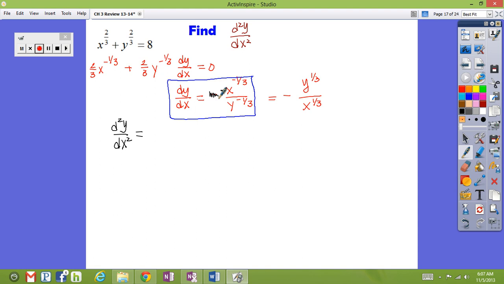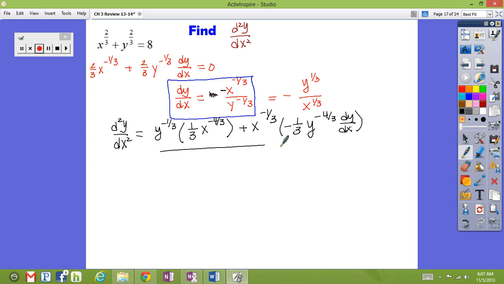So, d of y will give me positive 1/3 x to the negative 4/3 minus half, which is positive half, d of y, which is negative 1/3 y to the negative 4/3 dy dx, all over y squared.